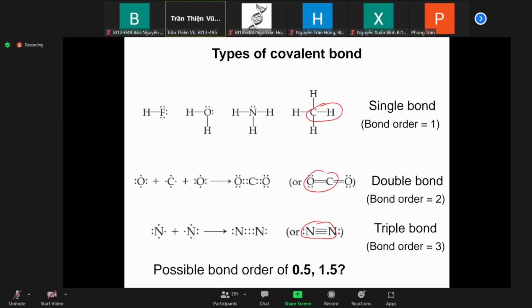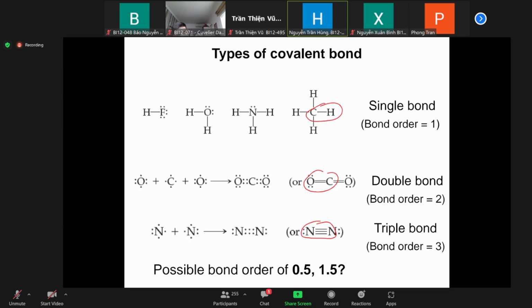Yes, I think we do have. It could be possible, anything is possible. Oh, actually, yes, it could be possible in ionic compounds. No, sorry.